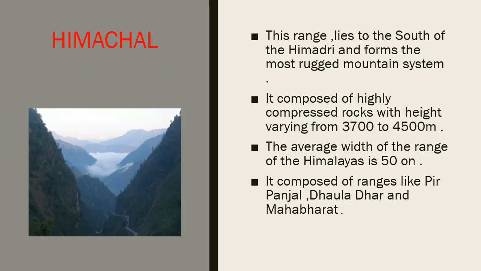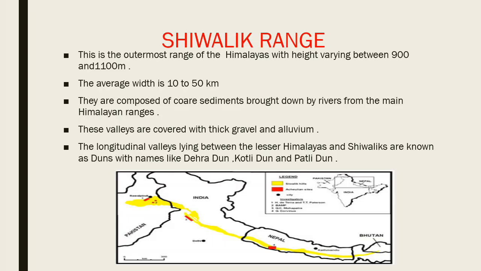They also contain the valleys having well-known hill stations in areas like Kashmir, Kullu in Himachal Pradesh, Mussoorie, Nainital in Uttarakhand, etc. Then come to the Shivalik range. This is the outermost range of the Himalayas with height varying between 900 and 1100 meter. The average width is 10 to 50 km.